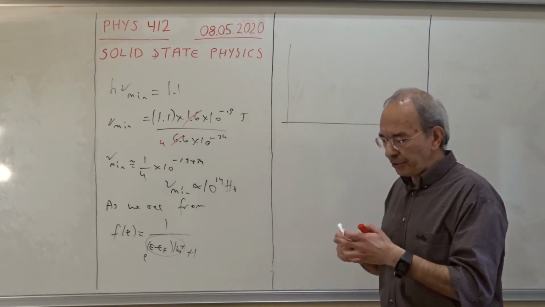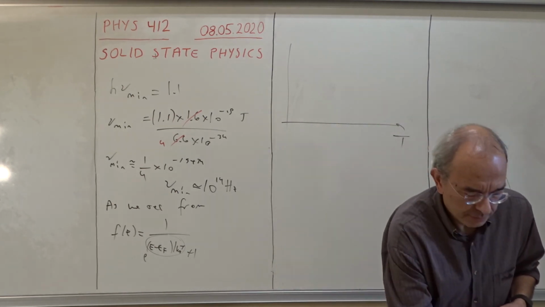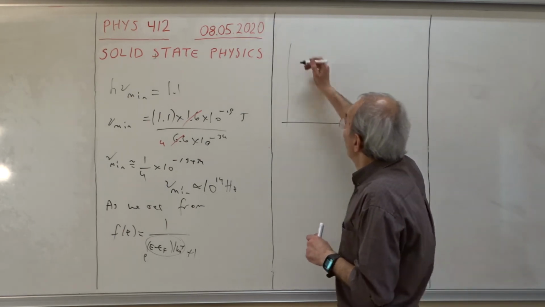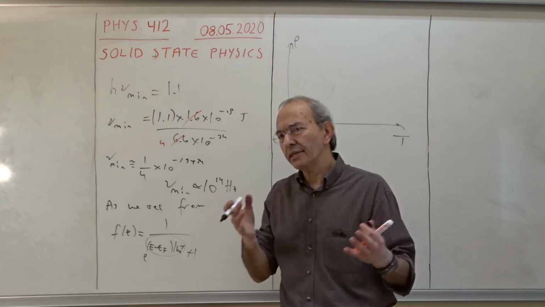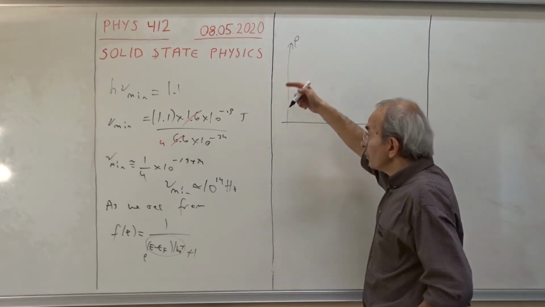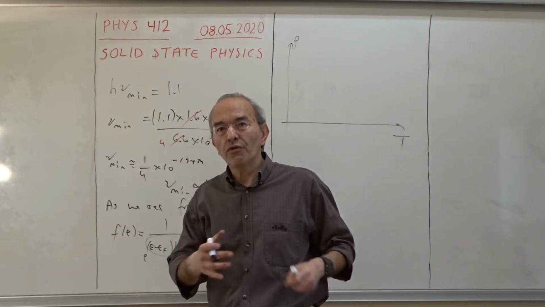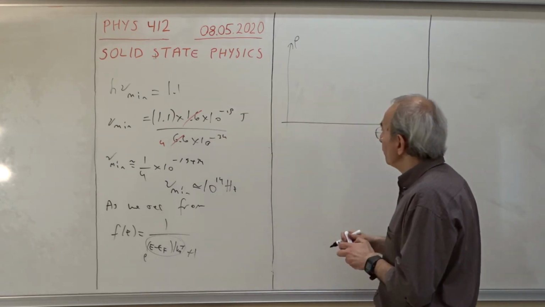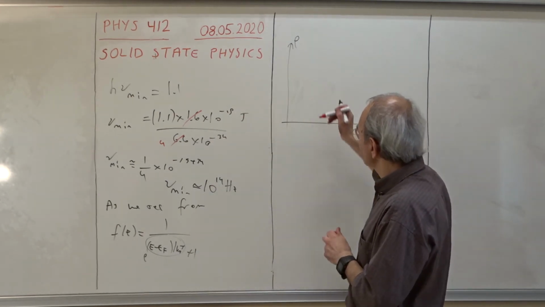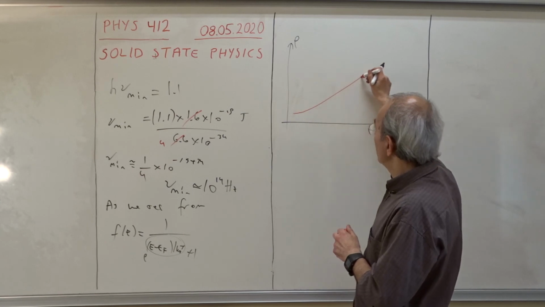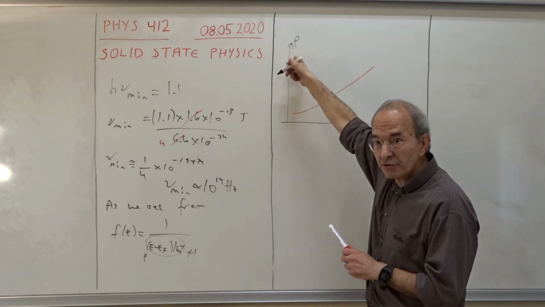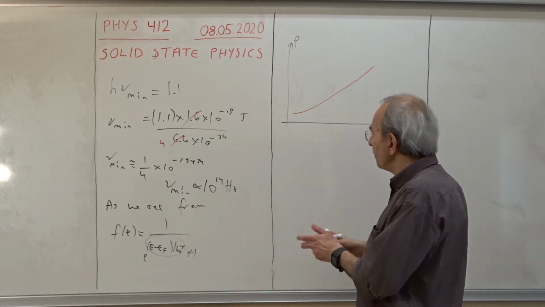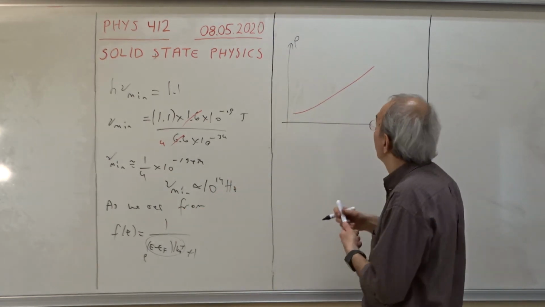Let's say this is the temperature, and that is the resistivity, or conductivity, whichever. What did we learn for the resistivity of a metal? It was such a relationship. But be careful, we put resistivity, not conductivity. The resistivity of a metal, alright?